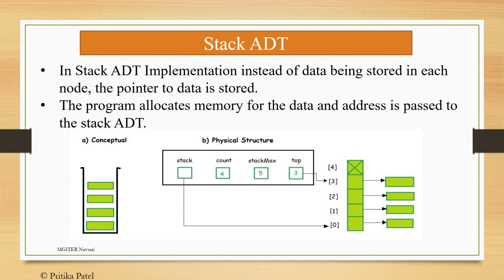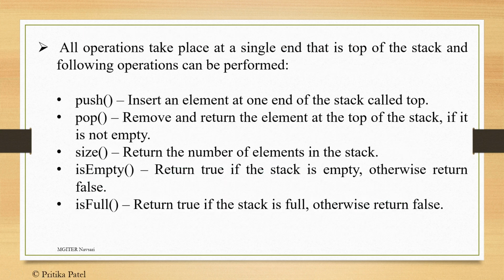And stack max is for the maximum, or we can say it stores the total number of elements. Okay, so this physical structure is hidden from us. We can only see this conceptual structure, that is called stack ADT.